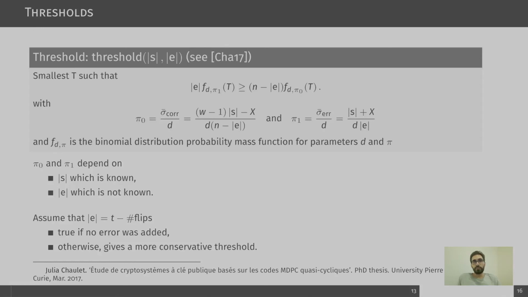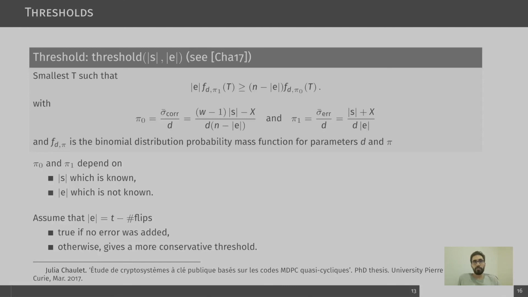I won't go into the details of the expression, but what we can see is that it depends on the syndrome weight S that we know all the time, and the error weight that we don't know all the time. So we could try to guess it, but actually with the backflip algorithm, an interesting strategy is to take t minus the number of flips that we have done so far.